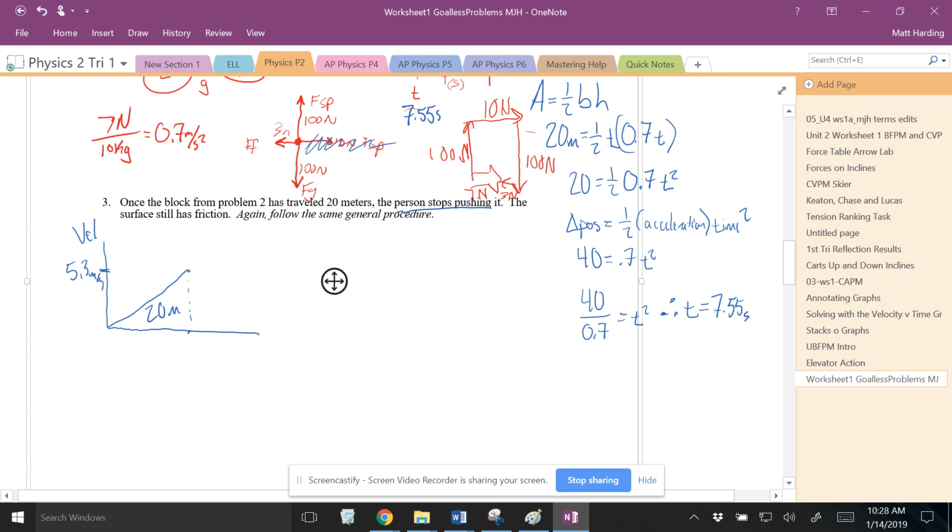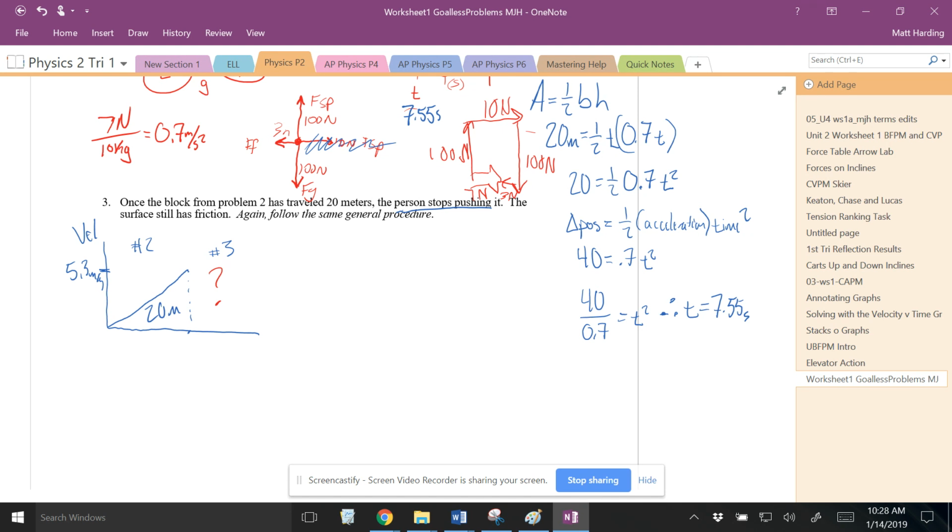So this is problem 2. Problem 3 is what happens to the graph after that. What's happening on this velocity versus time graph after the person stops pushing? We're not going to get it completely done today, but maybe in a different color on that velocity versus time graph, think about how things are going to change.